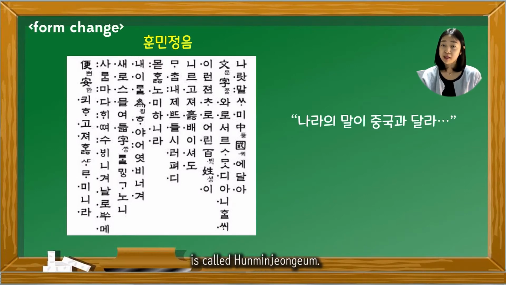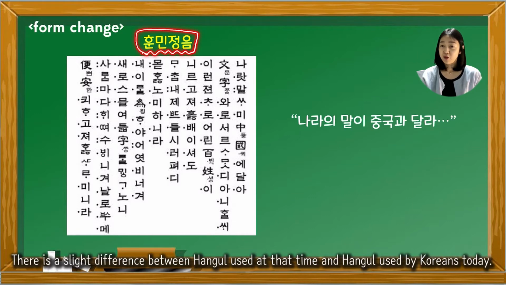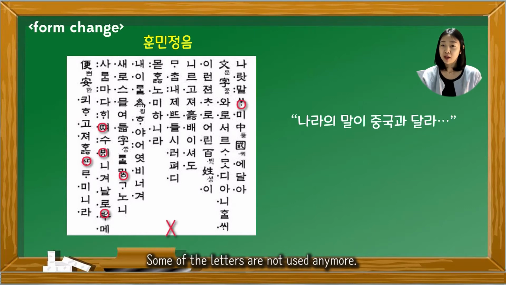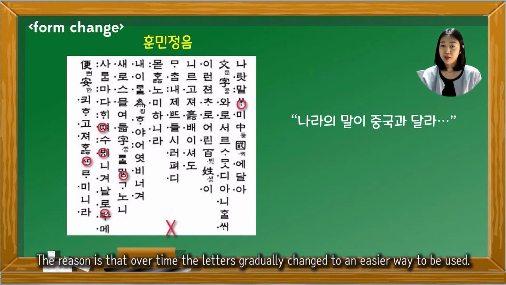It took about 3 years for Hangul to be made, and the book that explained the basic principles of the creation of Hangul is called 훈민정음. There is a slight difference between Hangul used at that time and Hangul used by Koreans today. Some of the letters are not used anymore. The reason is that over time, the letters gradually changed to an easier way to be used.